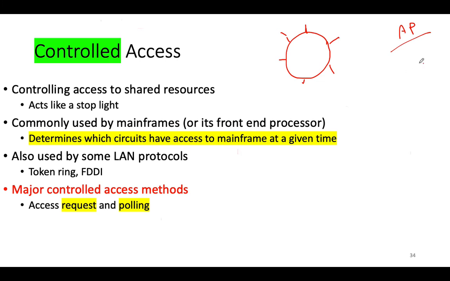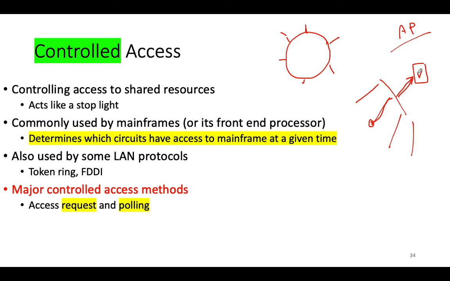What's that exactly? You have a central unit, and you have devices: device 1, device 2, device 3, device 4. If a device wants to send data, it puts a flag and sends a request to the central unit, telling it that it has data it wants to send.